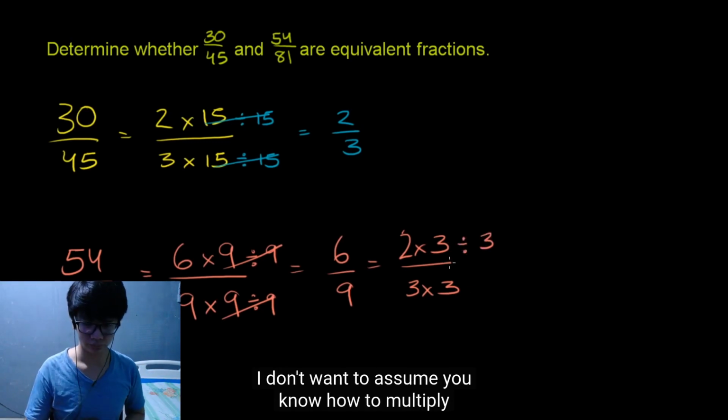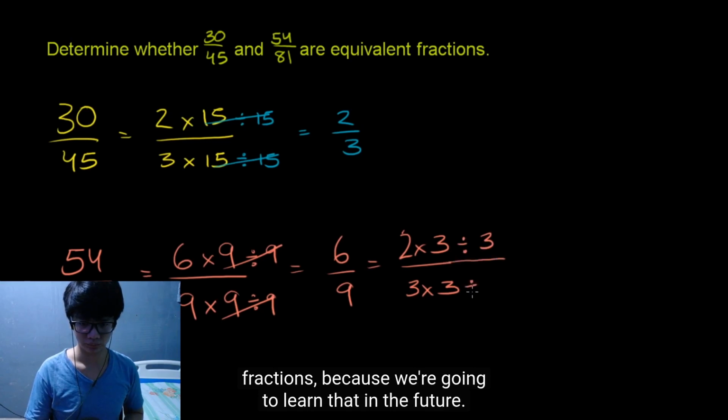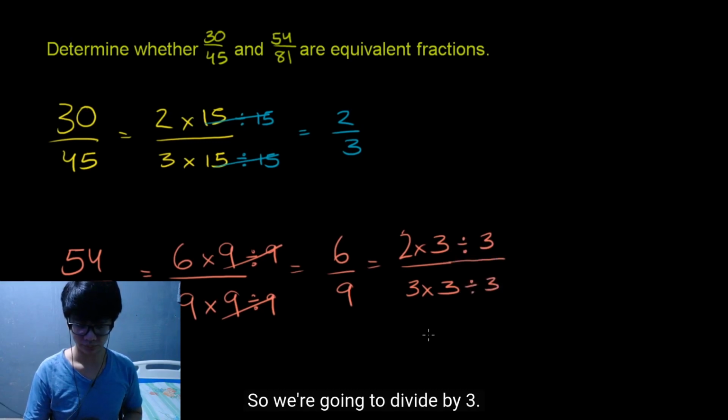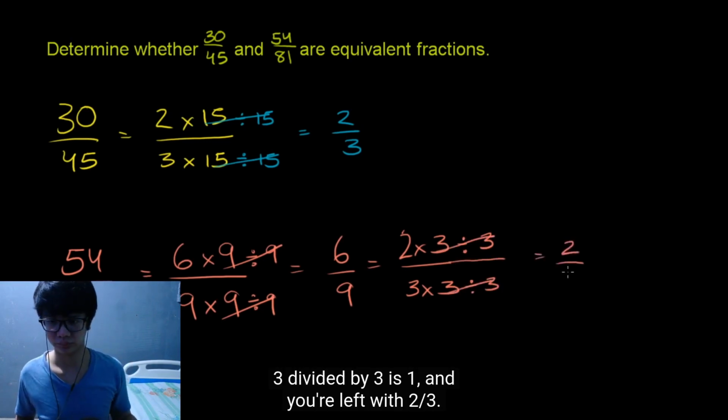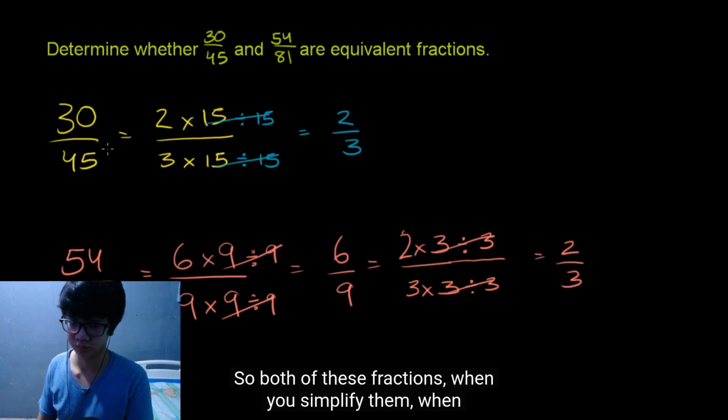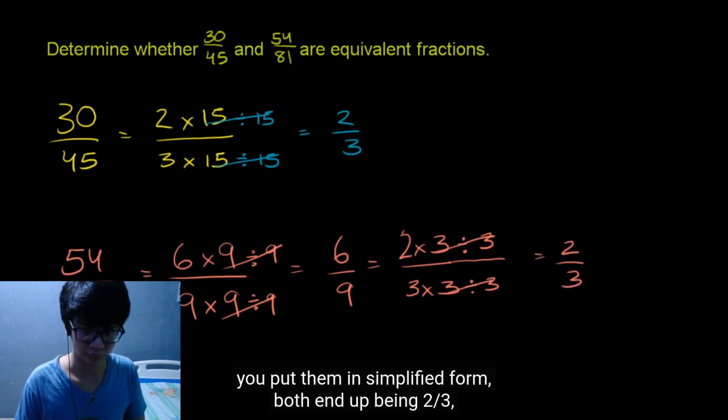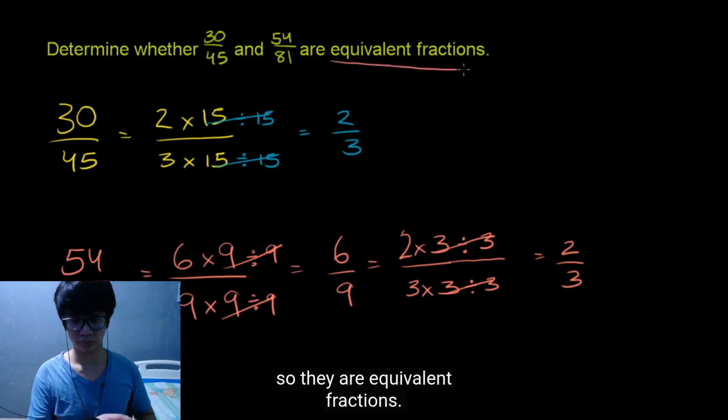I don't want to assume you know how to multiply fractions, because we're going to learn that in the future. 3 divided by 3 is 1, and you're left with 2/3. So both of these fractions, when you put them in simplified form, both end up being 2/3. So they are equivalent fractions.